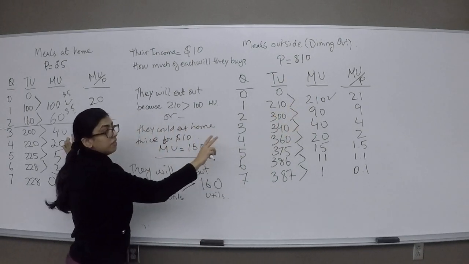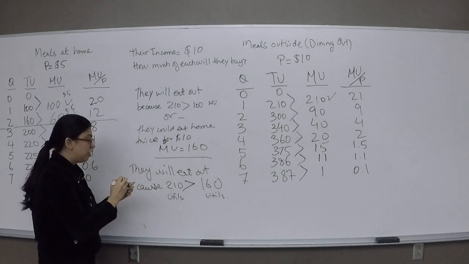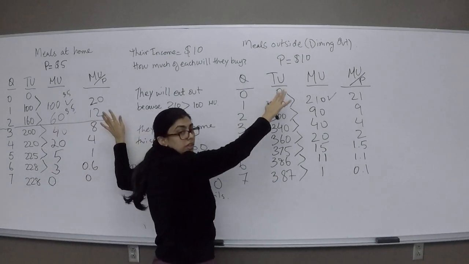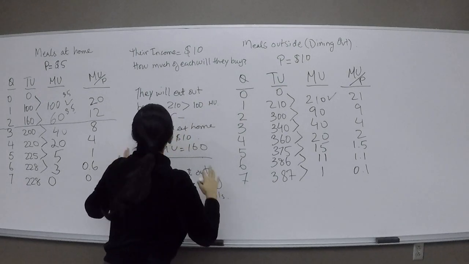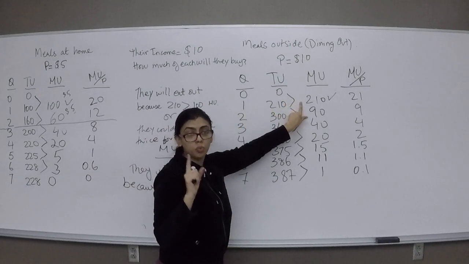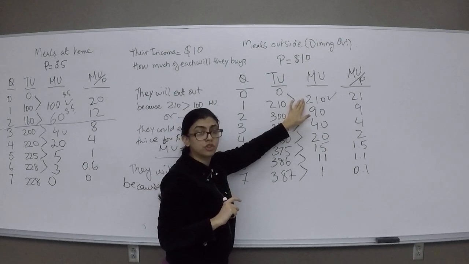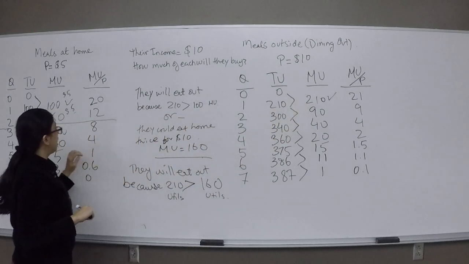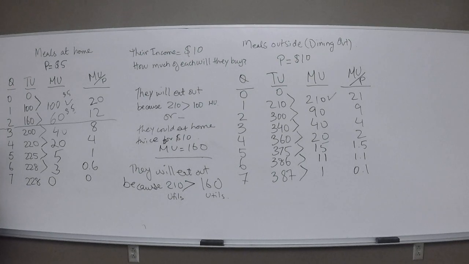So if you're given these two choices and this marginal utility column, by comparing you can see that for the $10 you spend eating out one meal, the marginal utility is greater compared to the two meals you eat at home for the same $10. But does it have anything to do with having more quantity with the 160?